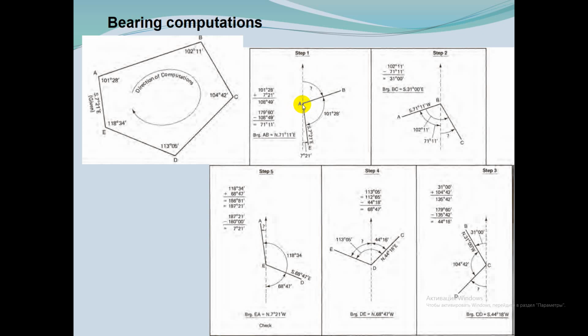For AE, the azimuth will be 172, which is identical to the bearing of south 7 degrees 21 minutes east.